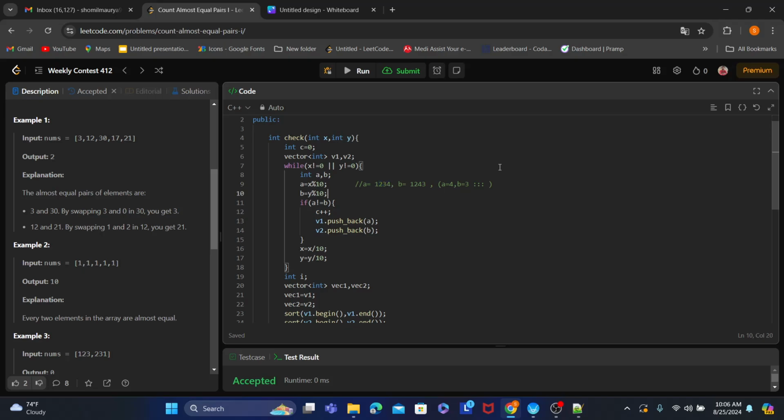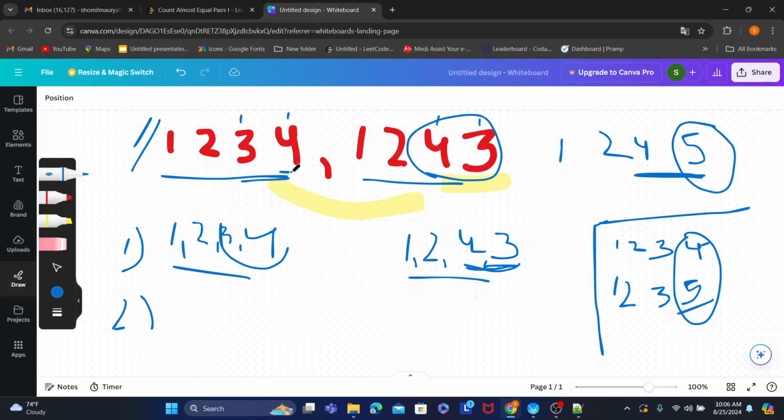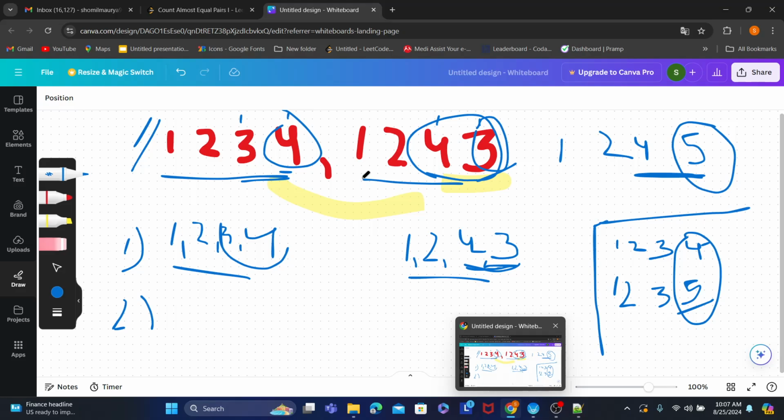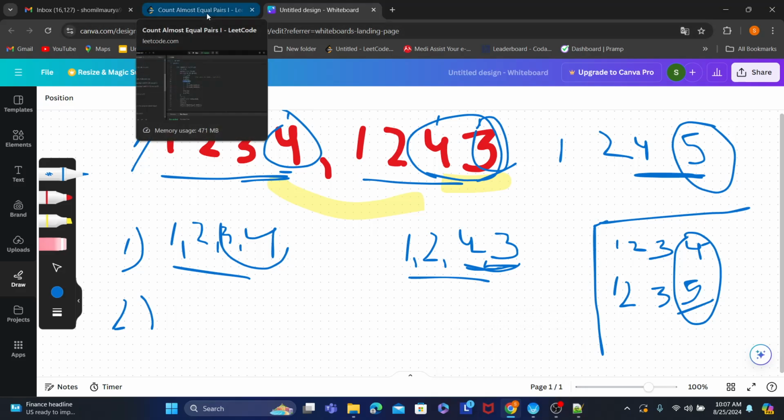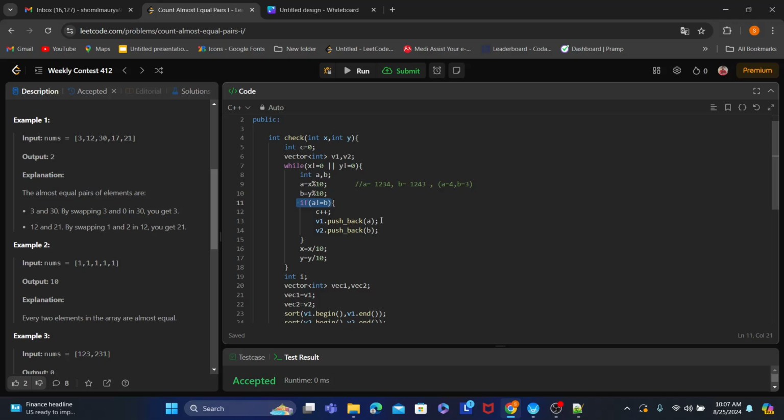We would first consider this only. A is 4. We are checking if A is not equal to B, like 4 is not equal to 3, and we need the count of this, because we want the count to be 0 or 2.